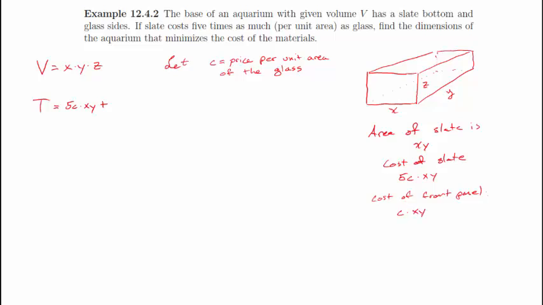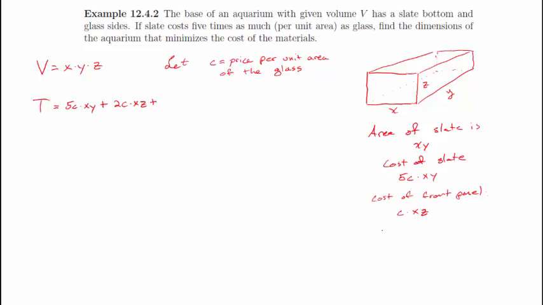The area is xy, and we multiply that by the cost per unit area. So that's the cost of the front panel. The cost of the back panel is the same, so we'll have 2 of those here. Oops, that should be xz, not xy.